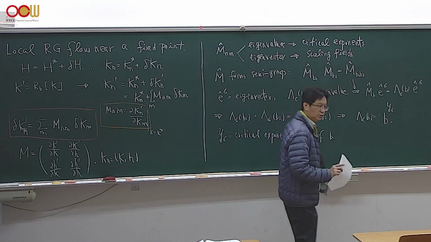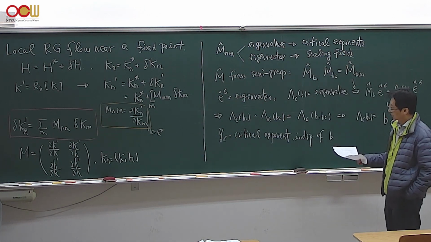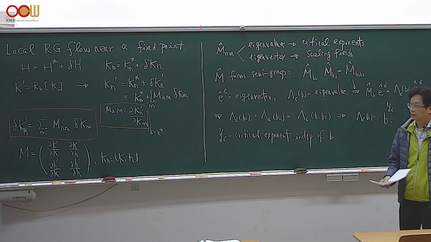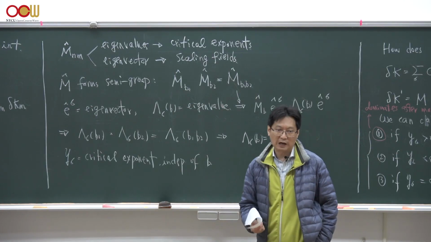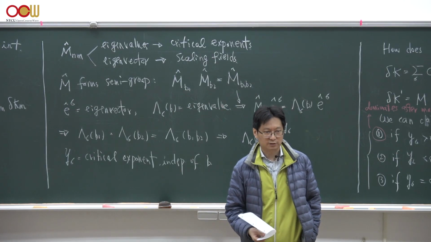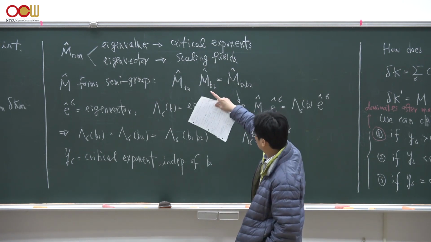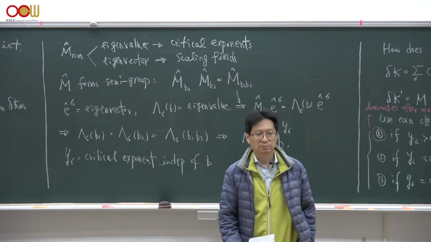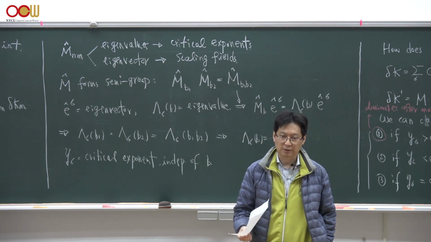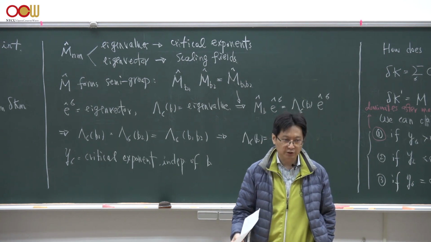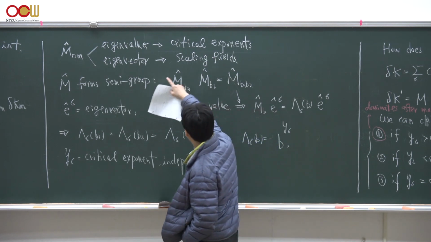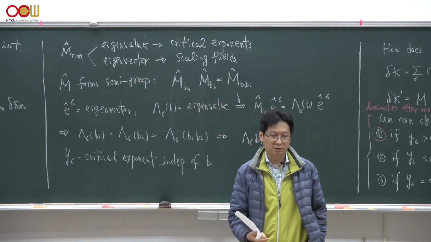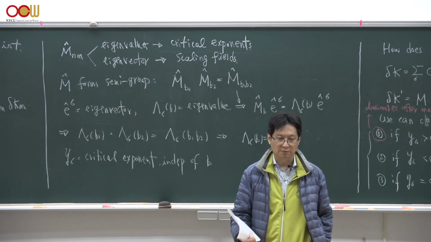So as I mentioned last time, the matrix M is very important in this RG analysis because it gives us eigenvalues and also eigenvectors. And as we'll see later, eigenvalues lead to the critical exponents that we proposed previously. Remember y_h and y_t. And the eigenvectors lead to the scaling fields where all these power law scaling behaviors are based.